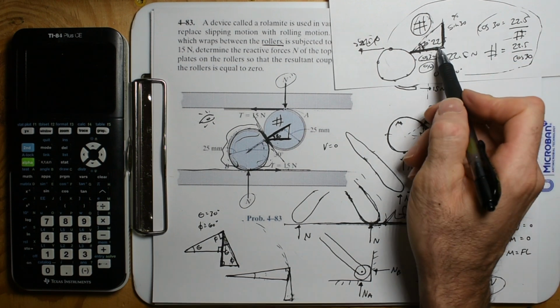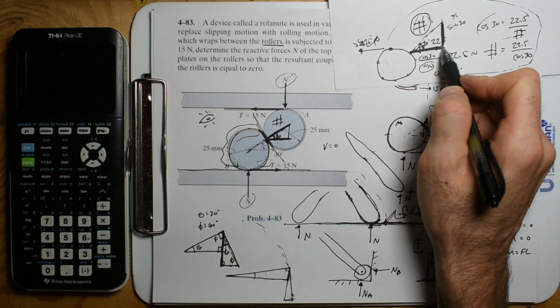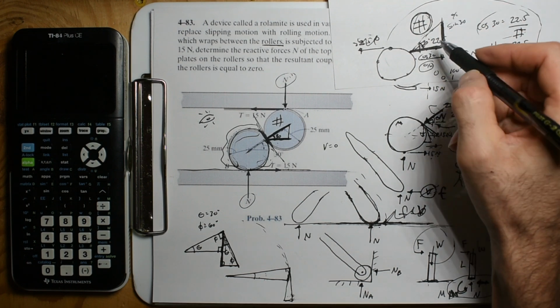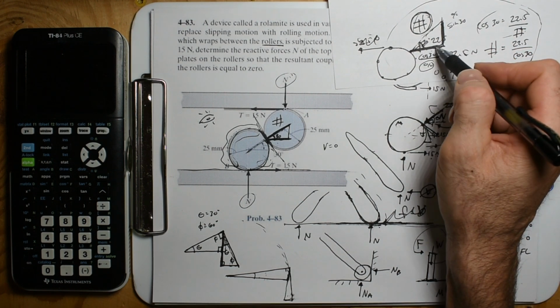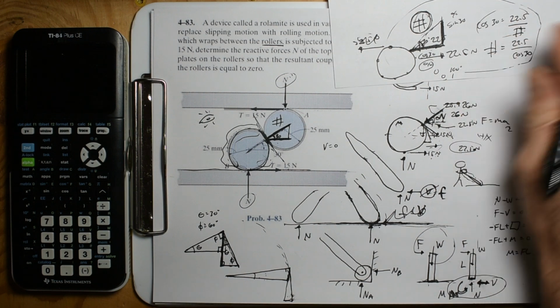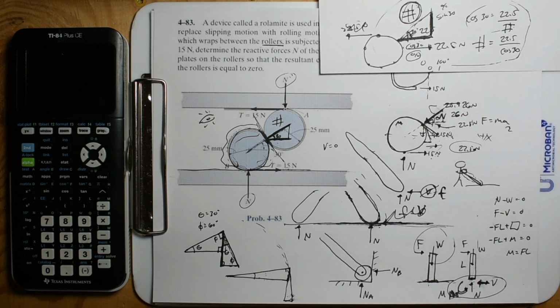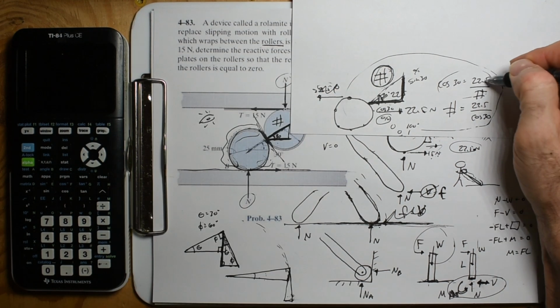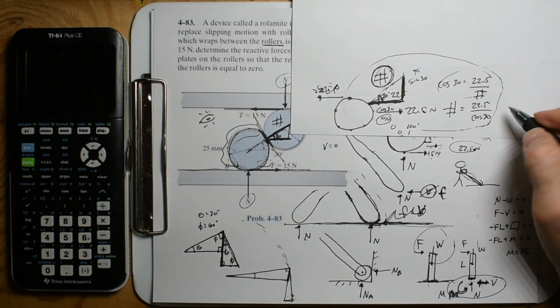But if I know the smaller number, like if I know this side and I need to know the larger number, the hypotenuse, I know it's related to the adjacent or cosine component, so I take that 22.5 and divide it by a smaller number.